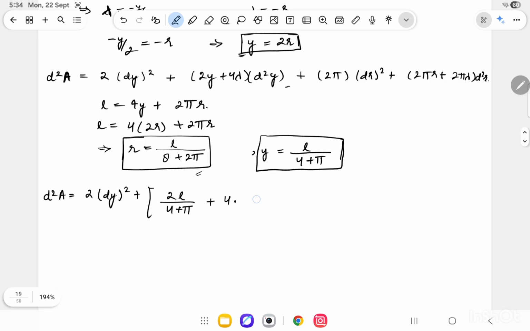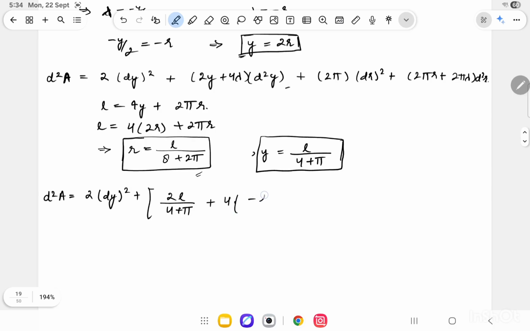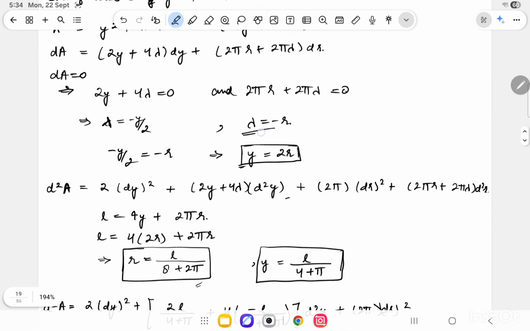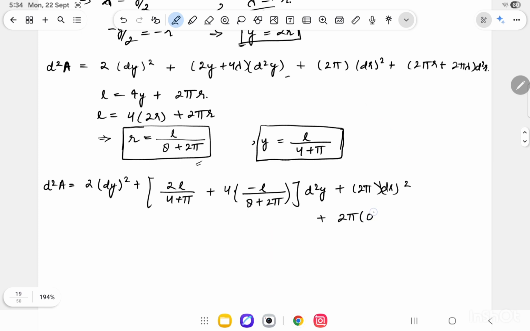Lambda is basically negative of r, that is minus L divided by 8 plus 2 pi, into d square y, plus 2 pi into dr square plus 2 pi into r plus lambda, and from here r plus lambda is basically 0, so I'll just substitute 0 for the d square r term.